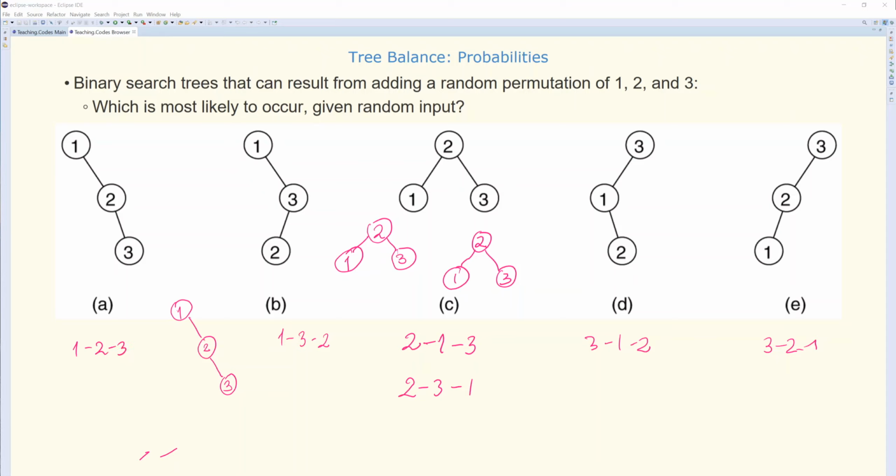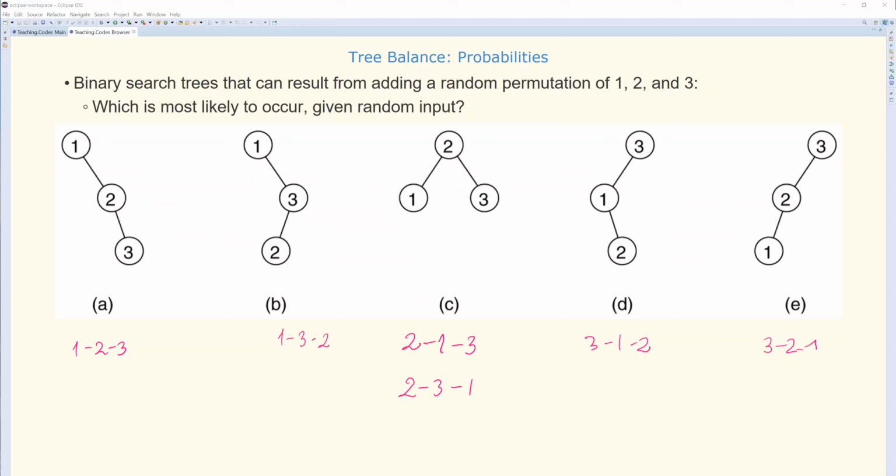So thus, let me just erase these unnecessary ones. Now I can conclude that the input of order 1, 2, 3 caused A, 1, 3, 2 caused B, whatever. Now for C, I have 2 different possibilities.